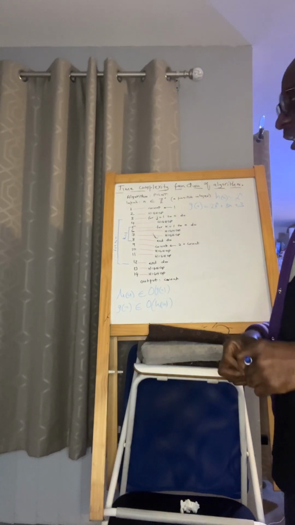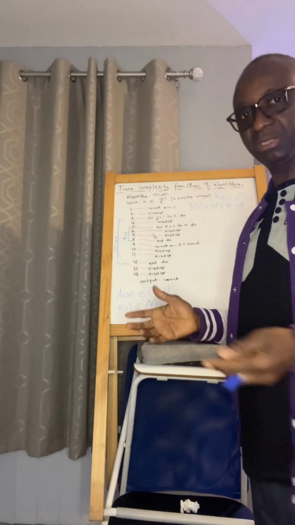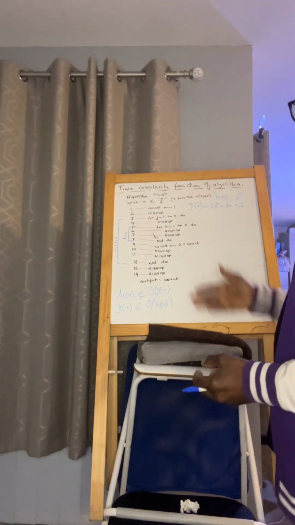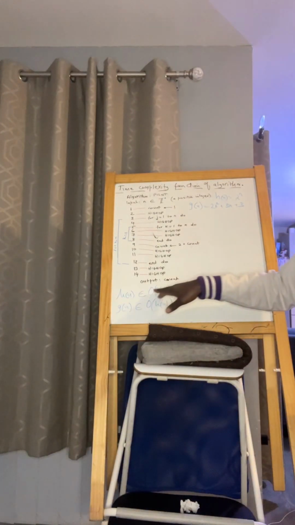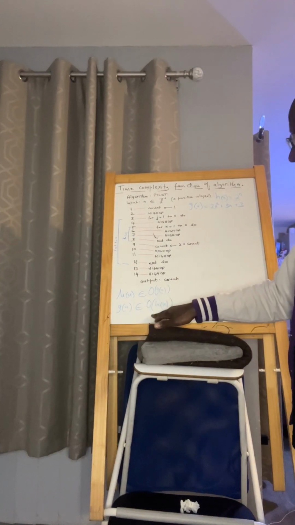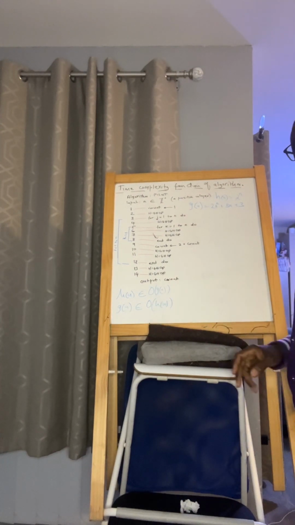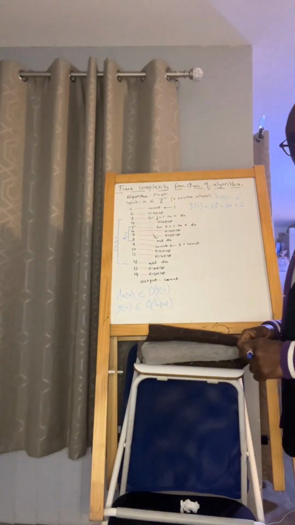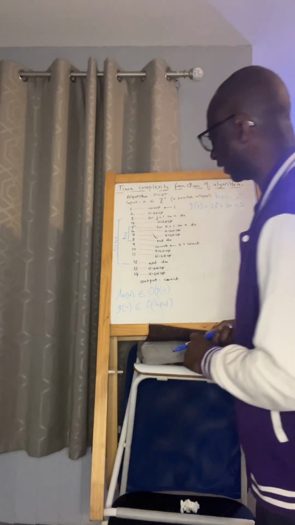What that means is, if you keep on enlarging the inputs, you keep increasing this n, making it bigger and bigger, how is this function going to behave with respect to this other function? You compare the two functions and see how each one behaves with respect to the other. That is what we call the asymptotic behavior of a function.